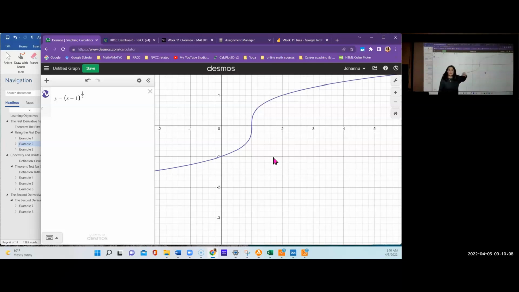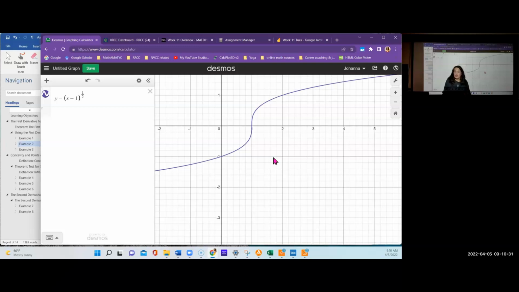Yeah, you've got a vertical tangency point. So we've got a point of vertical tangency, which causes the first derivative not to exist, but obviously the function does exist. But notice how it's increasing to the left and it's still increasing to the right. So we do not have a relative extrema there.